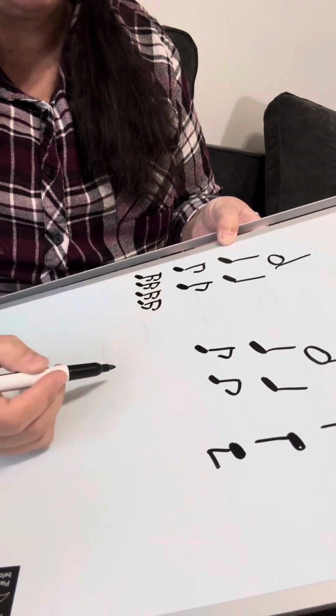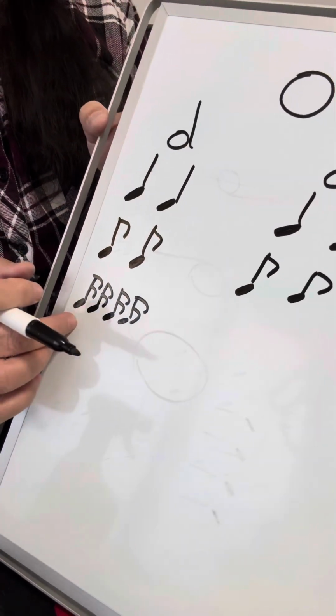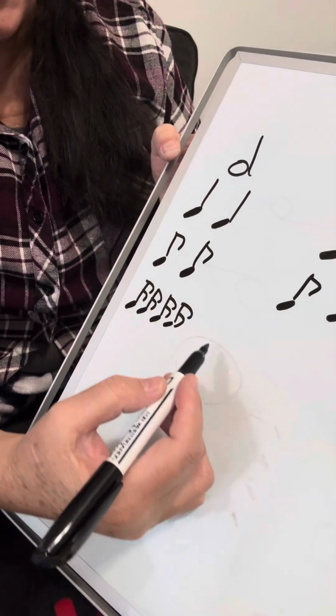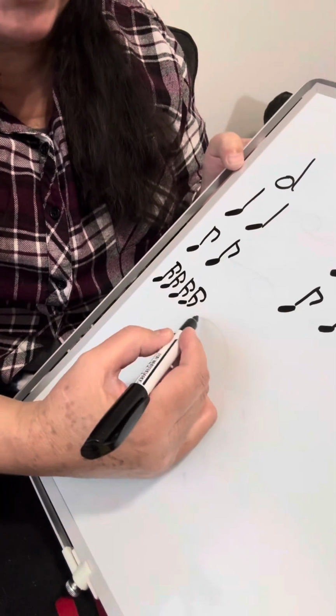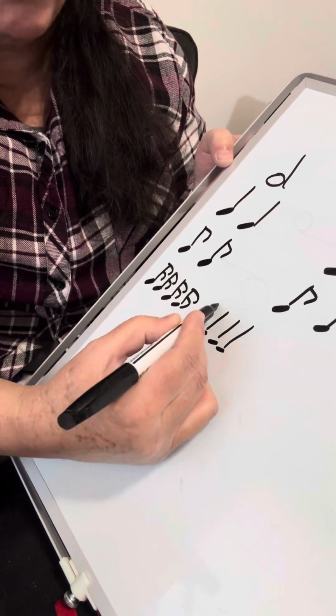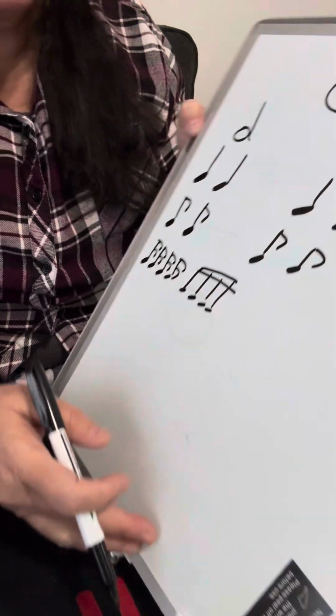You can draw better than me. When you have those flags, you can add a bar line to make it better. Because it has 2 flags or 2 crochets, we add 2 bar lines.